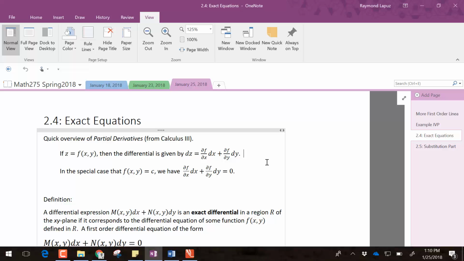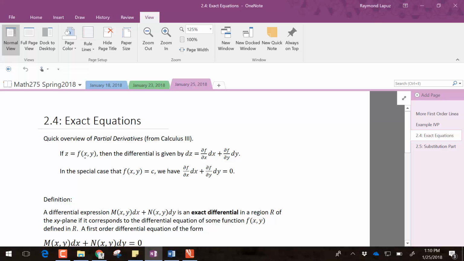It's the partial derivative of the function with respect to x, and what makes it a differential is that you tack on the little dx after that. Then the partial derivative of the function with respect to y, and you tack on the dy. Differentials are those things that people usually gloss over in Calc 1, so they get lost in the mix when you start talking about Calc 3 and differential equations. But they exist, and this is what we have.